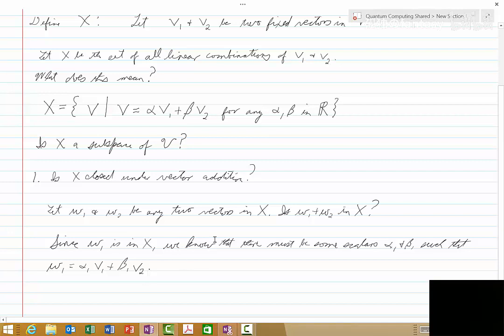And so I'm just going to call that particular choice alpha 1 and beta 1 to help us remember that those are the choices of alpha and beta that go with W1.